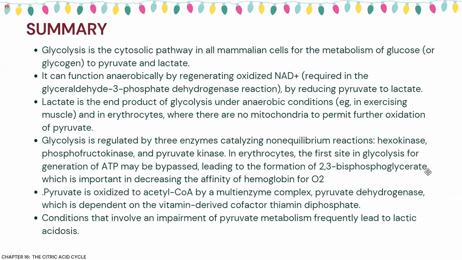It can function anaerobically by regenerating oxidized NAD required in the glyceraldehyde 3-phosphate dehydrogenase reaction by reducing pyruvate to lactate. Lactate is the end product of glycolysis under anaerobic condition. Examples are in exercising muscle and in erythrocytes.